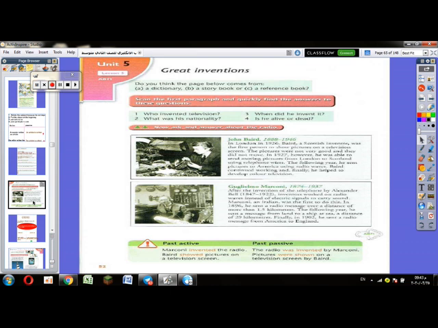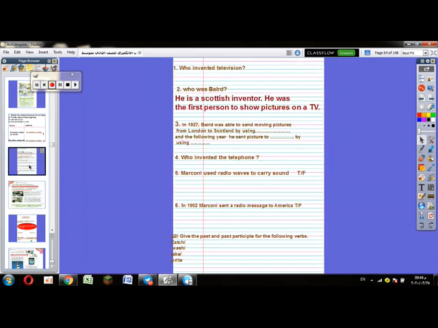We have an article. You need to read it precisely and answer the questions here. Moreover, you need to go to this page and answer all the questions and submit them to me on Google Classroom.